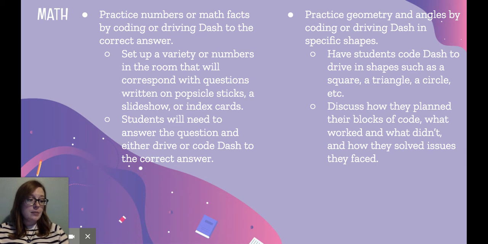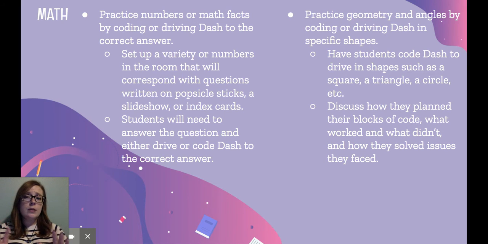In math, something I've done quite a bit with robots is practicing numbers or math facts and either coding or driving Dash to the correct answer. So what I would do is set up a variety of either numbers in the room that correspond with questions you have written on popsicle sticks, a slideshow, index cards, whatever you want. Students draw it. So let's say the equation says 5 times 5, and then they need to drive Dash to the correct answer. Or you can do it the opposite way, or you could do the missing digits, place value, anything at all.